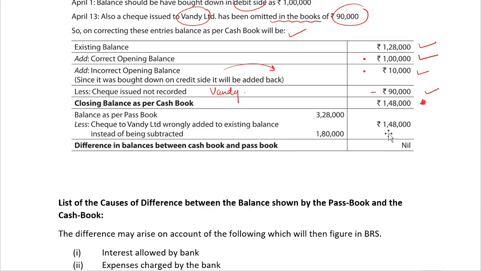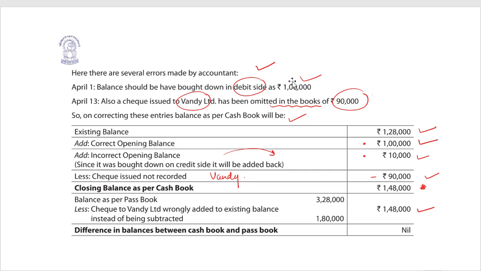Balance as per passbook is 3,28,000, less check to Vandy Limited wrongly added to existing balance, that is 1,80,000. So instead of being subtracted, the check to Vandy Limited was wrongly added to the existing balance, so 1,80,000 will be deducted over here.